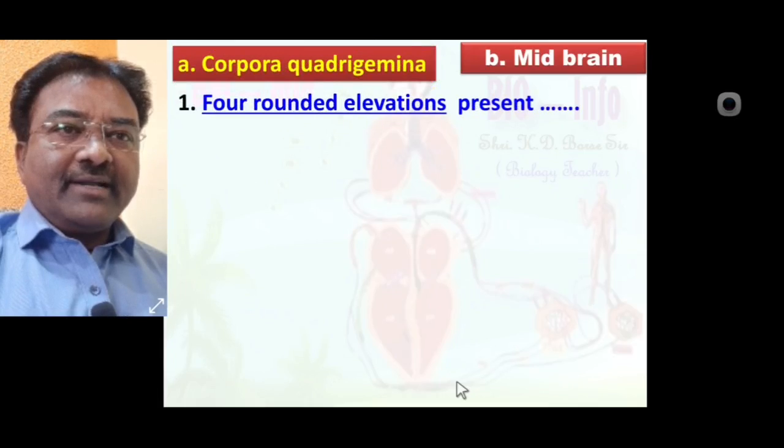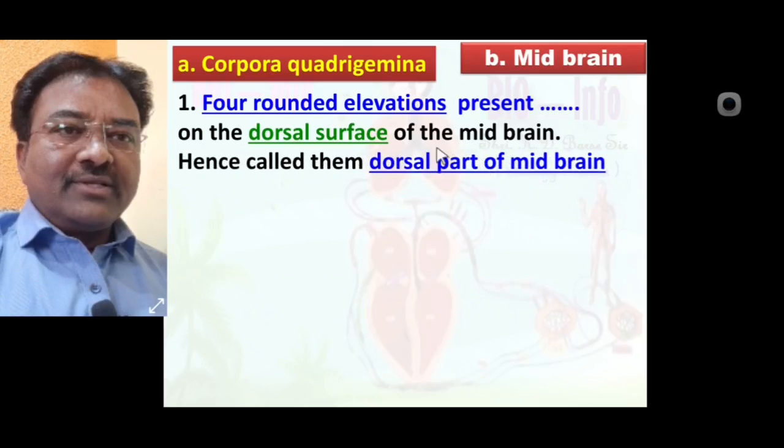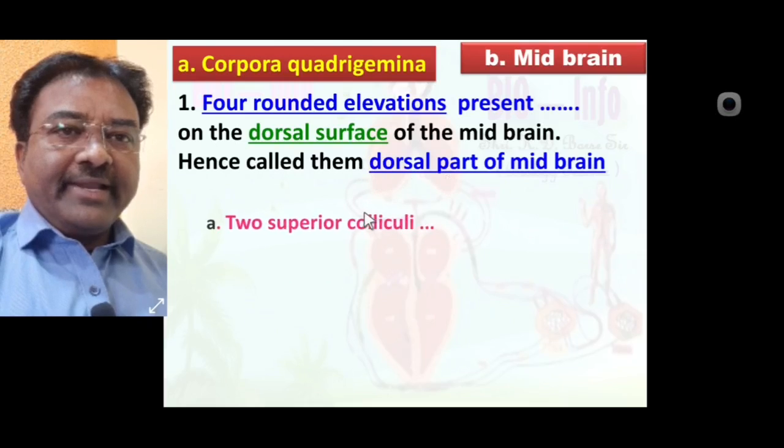It is a part of the midbrain. It has four rounded elevations present on the dorsal surface of the midbrain. So corpora quadrigemina is called the dorsal part of the midbrain.